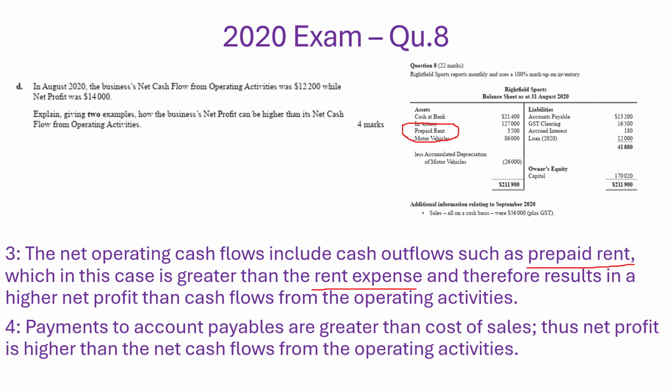And so that explains why our profit is higher than our net cash from ops. Secondly, what if our payments to accounts payable are greater than our cost of sales? Again, we're speculating here, and as long as we've got the detail and we're congruent with the question, we're good. And so therefore our net profit is higher than our net cash from ops.